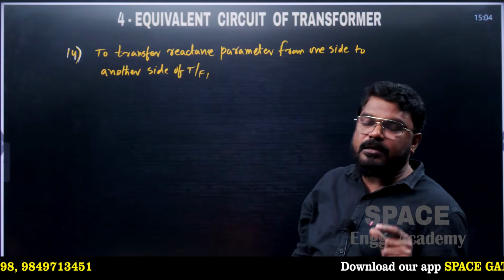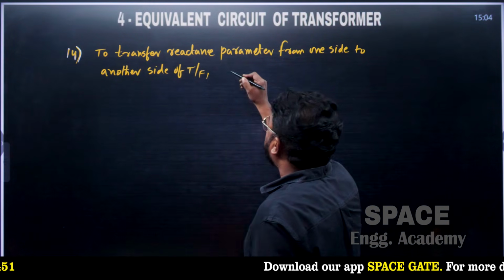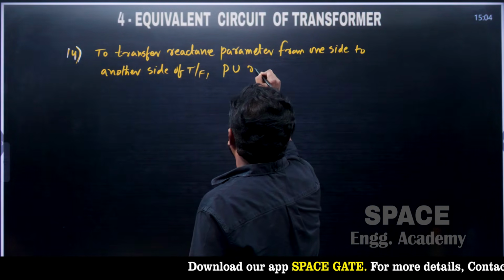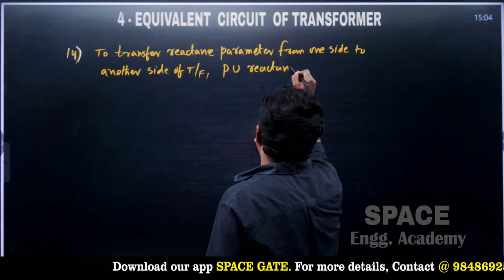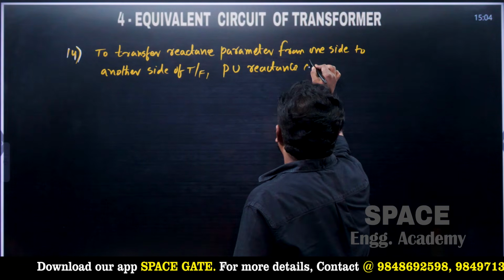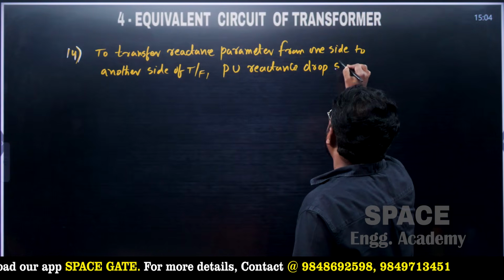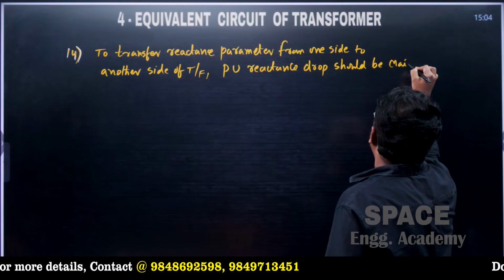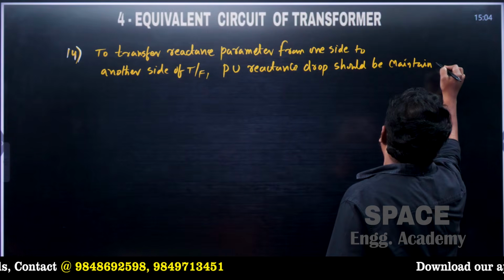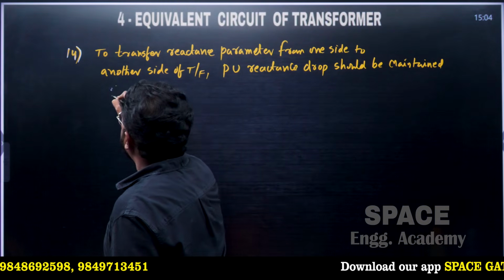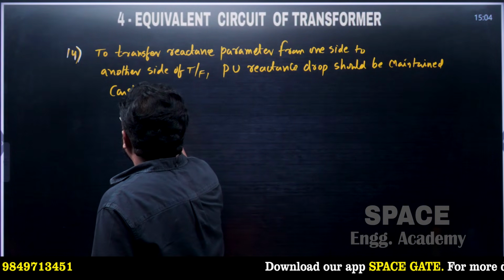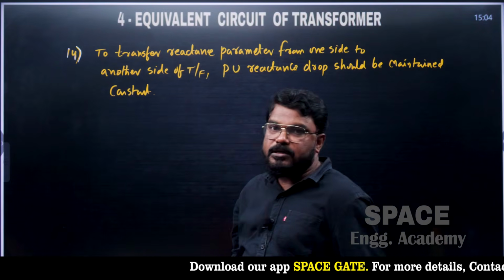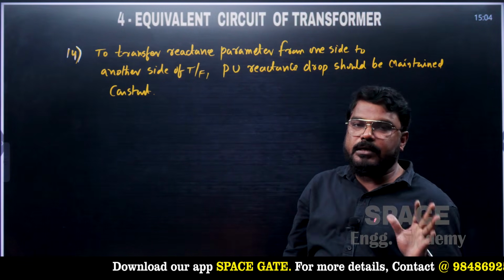Per unit reactance drop should be maintained constant. This is the condition to transfer the reactance parameter from one side to another side.